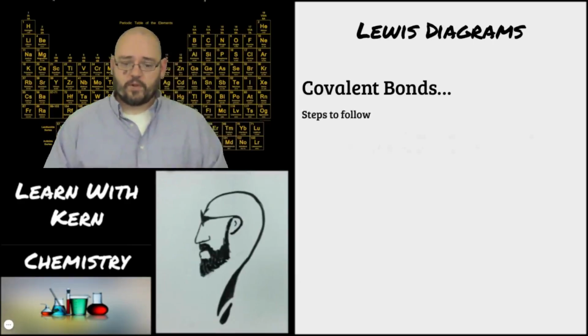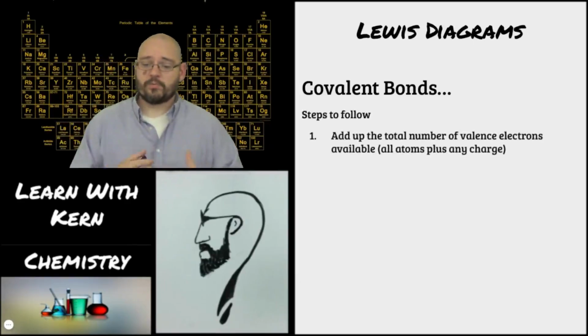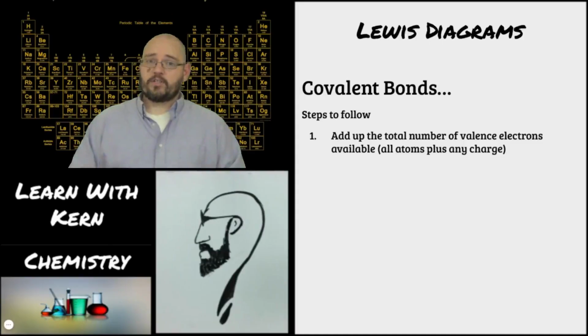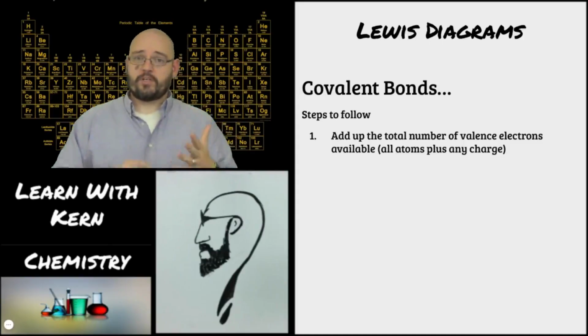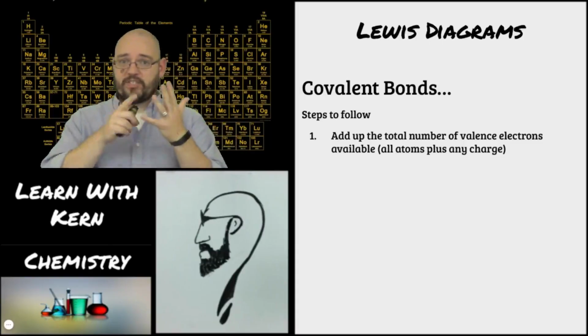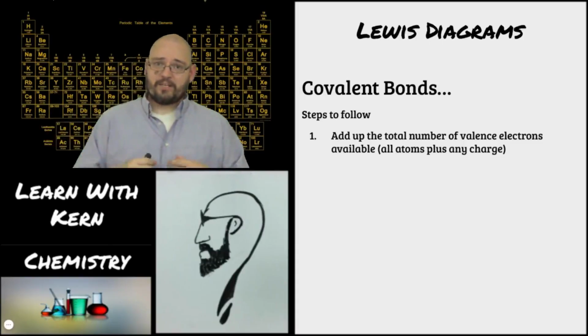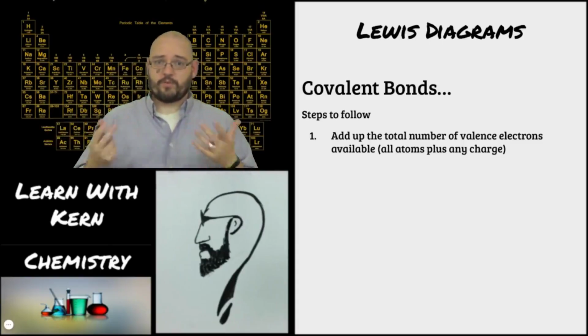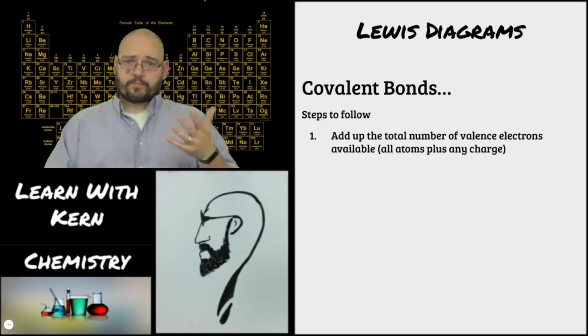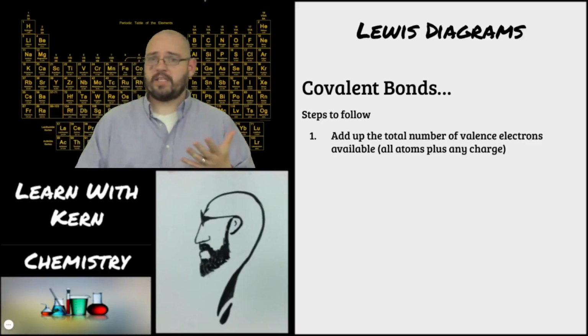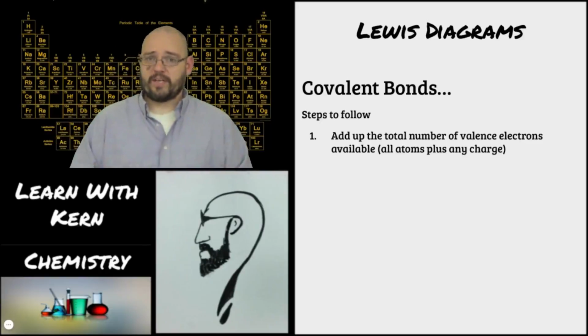So the steps to follow. The first one is you're going to add up the total number of valence electrons available. That means all atoms involved. So if you've got 5 atoms involved in your bond, you have to look at the valence electrons of each single atom, add those all up, and then if you have a positive or negative charge, you have to account for that. So let's say you add up all of the electrons and those elements together have 20 valence electrons, but you have a charge of +1.